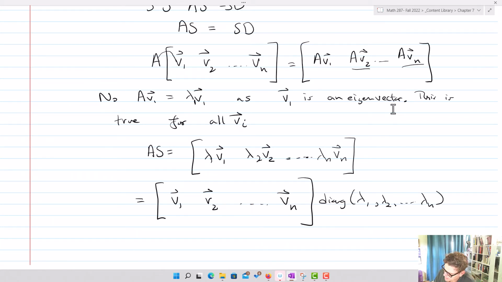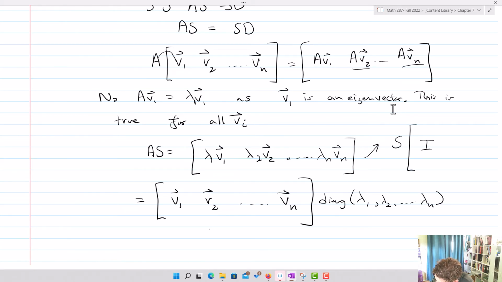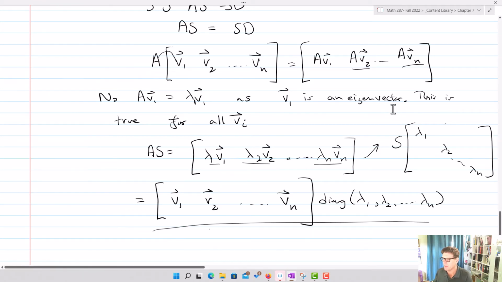Because basically what we're going to do in order to do this multiplication is that matrix S, which is what this is, times this matrix here. The way that the multiplication works is this is going to be lambda 1, lambda 2, all the way down through the diagonal, okay? And these two multiplications end up giving us the same thing.